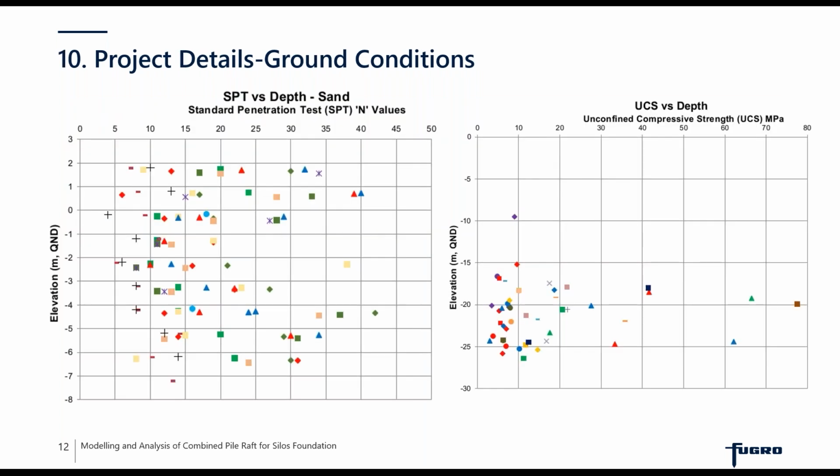So this is the ground condition as observed. As you can see, the SPT has been plotted, and the SPT ranges from loose to medium dense, that is 5 to 30, and then we have UCS predominantly less than 10, and hence it is defined as a very weak rock.